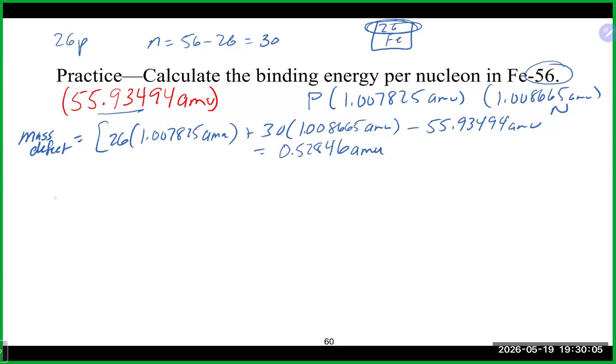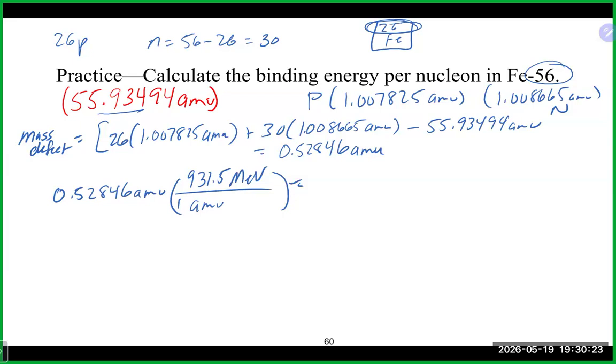And as I showed before, you can do it either way, but we'll just go conversion here. So again, 1 atomic mass unit of mass defect will get us our 931.5 mega electron volts.